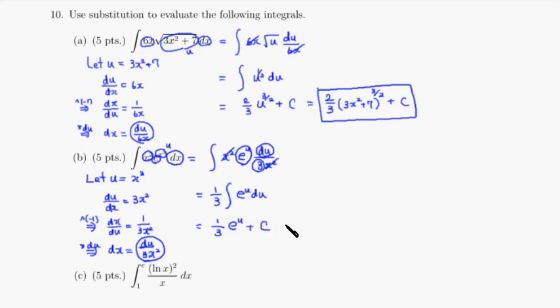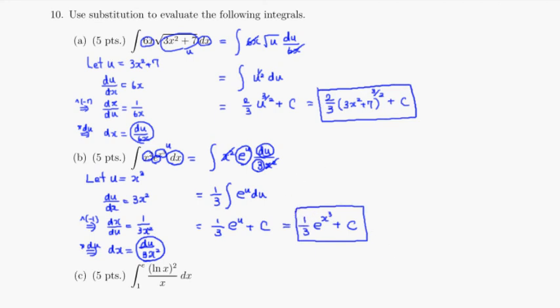Then the final step is to put the original expression back in, which was x cubed. So it's going to be 1/3 e to the x cubed plus some constant c. That's the answer for part B.